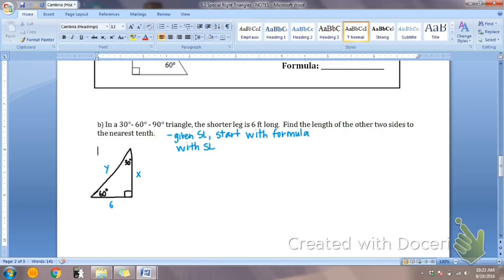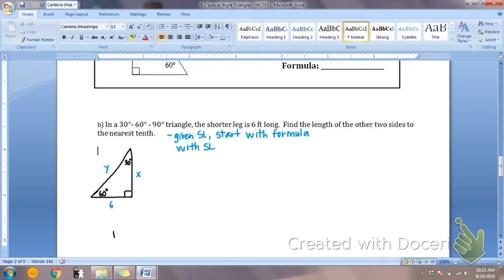Look back at your formulas. Which one has short leg in it? They both do. So in this problem, it doesn't matter which formula you start with. Okay? So I'm just going to start with the hypotenuse. Let's find our hypotenuse first.